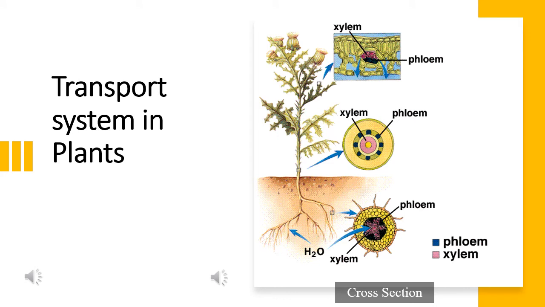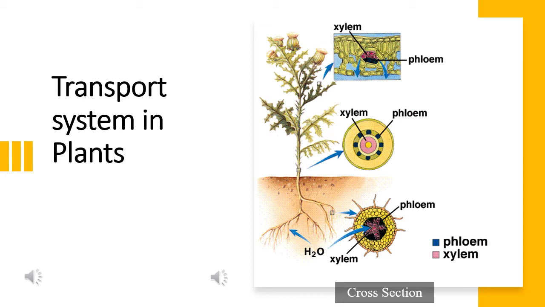So students, in the earlier slide we have seen that photosynthesis takes place in chloroplast, which has chlorophyll, and this chlorophyll helps to prepare food and store it. Now this stored food is utilized by the entire plant for its survival. But if the food is prepared in the leaves, how does it transfer from one part of the plant to another? Like in our human body we have our circulatory system, here in plants also we have a transport system.